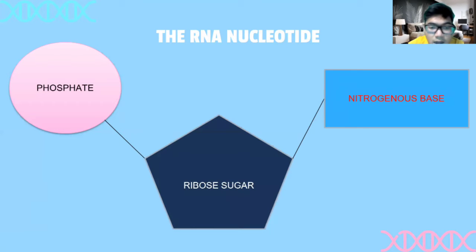RNA has a phosphate, a ribose sugar, and a nitrogenous base to the right. DNA has one phosphate, a deoxyribose sugar, and a base to the right. So the nucleotide structure is always a phosphate, a sugar, and a base.